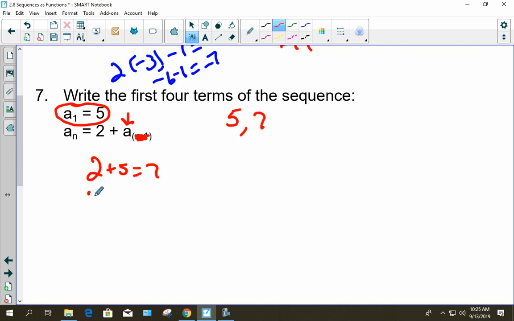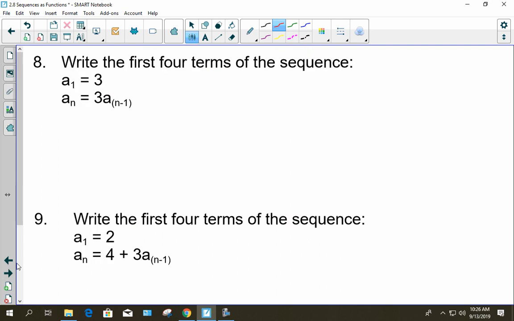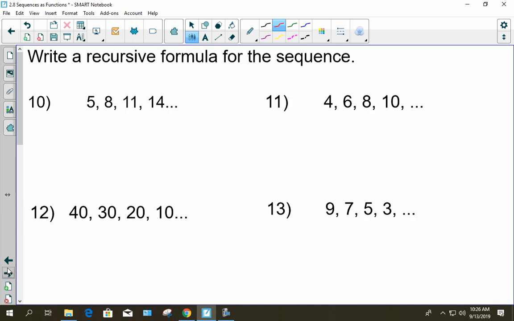Then I go 2 plus 7. My third term is 9. Then I have 2 plus 9. My fourth term is 11. I'm done. Very simple. So easy a caveman can do it. So 8 and 9 are you. Here we go.